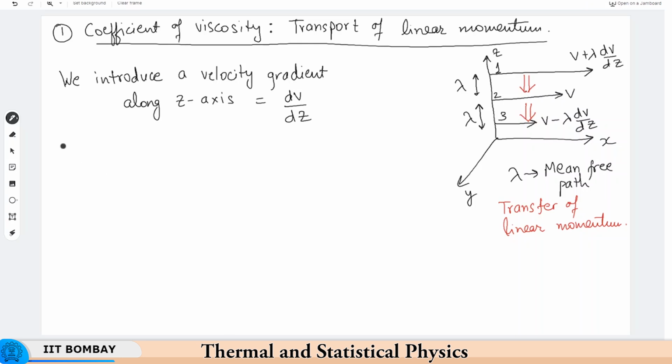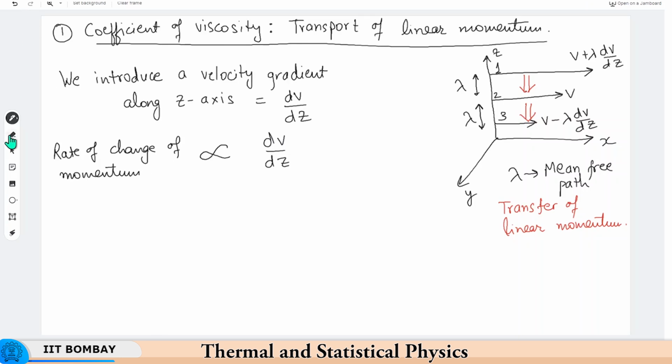So what we can actually see is that the rate of change of momentum should be proportional to the magnitude of this gradient. So, that would be proportional to dV by dz.